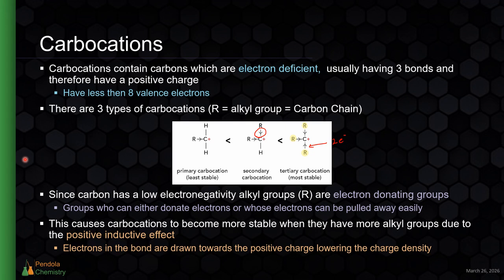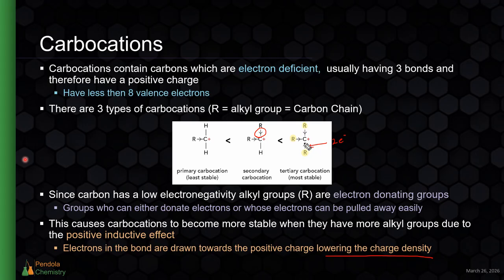Now, because we have negative electrons going towards that carbon, it's going to lower the charge density of that positive charge. Meaning that some of that positive charge, not the whole thing, but some of it is going to get neutralized by these electrons getting closer to it.